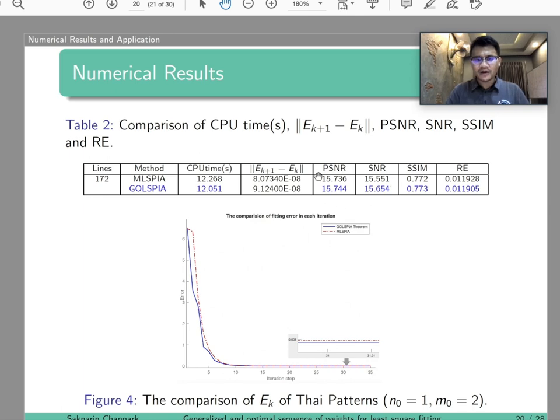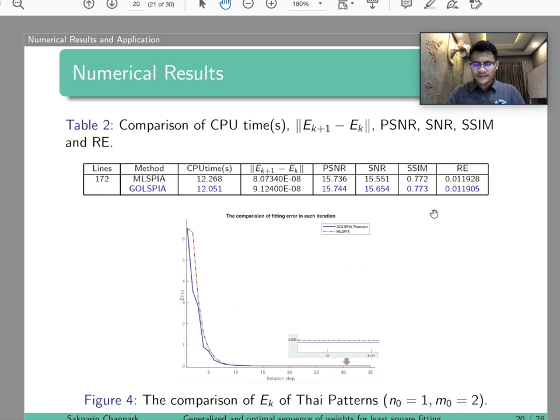If the values of PSNR and SNR are high, the quality of the image is also high. So from this result, we can see that the SNR and PSNR of GOLSPAA are higher than MLSPAA.